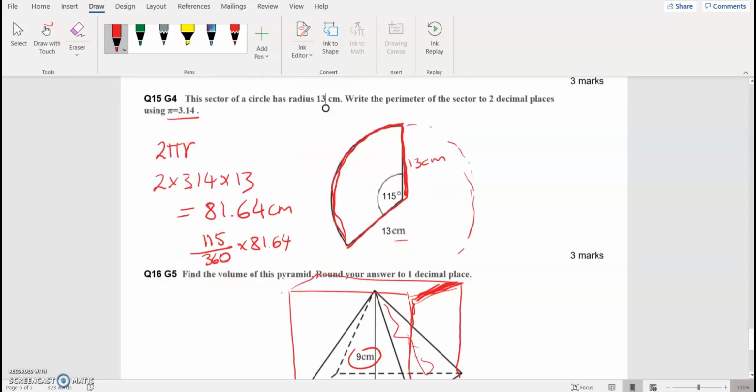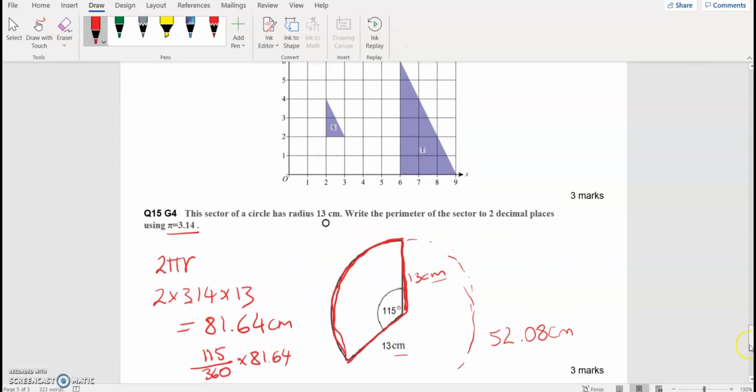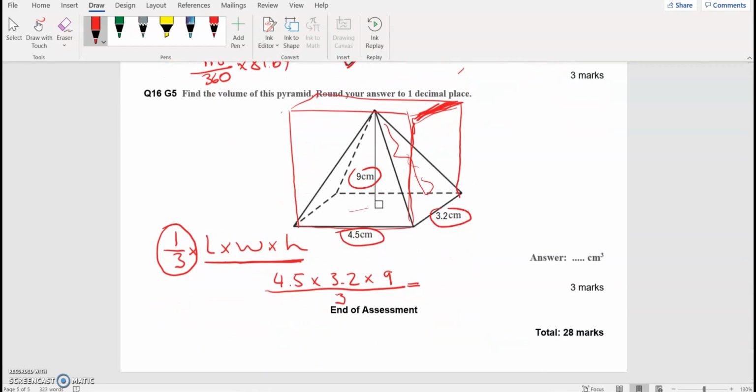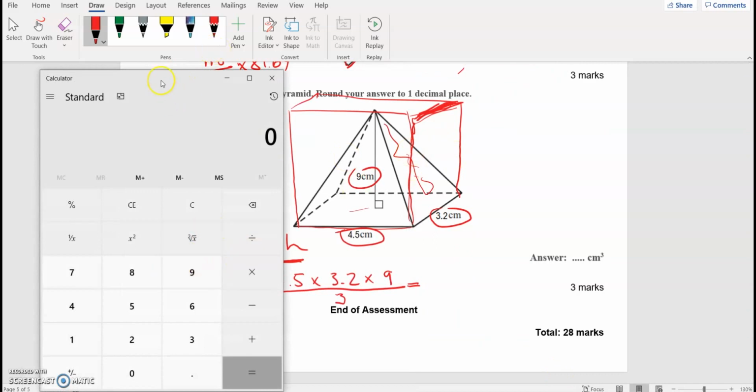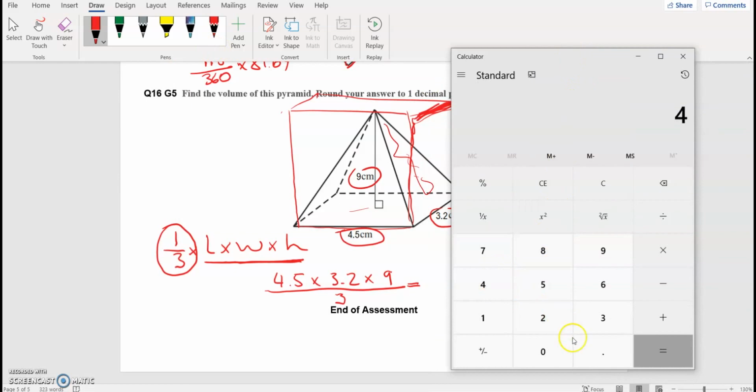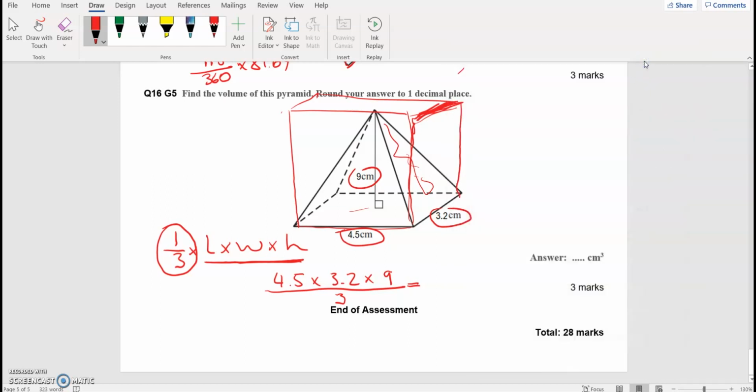In this case, we can use a calculator. So we'll get the calculator out. 4.5 times 3.2 times 9 divided by 3, 43.2, and the unit is centimeters cubed.